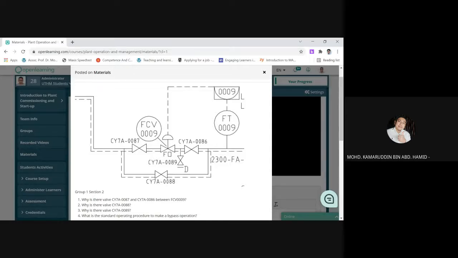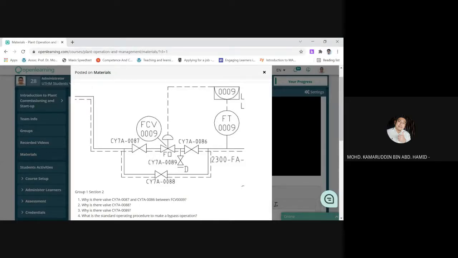Okay, sebab tu it is important for you to be able to read, and not only read but you understand, and you're able to justify why we have sandwich valves. Sandwich si Khalil lah ni, si Ibrahim Khalil punya kerja ni.